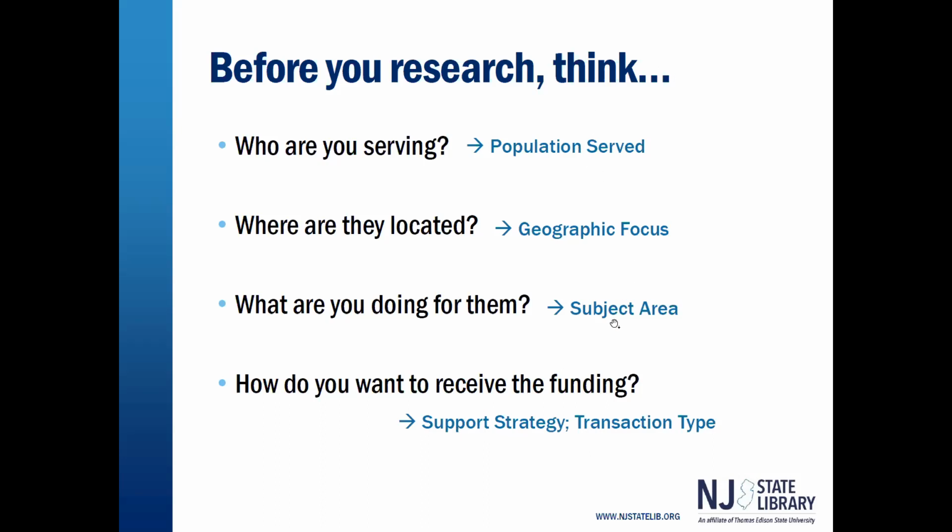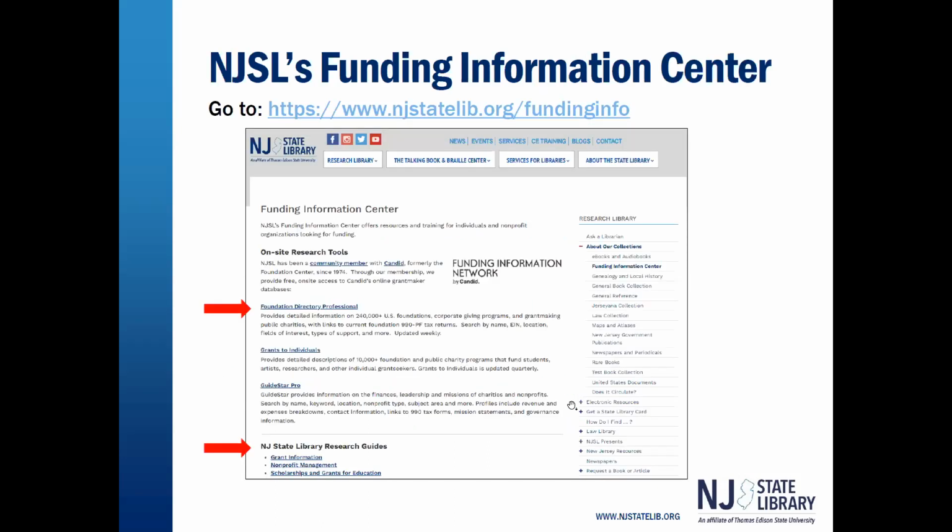So these are all fields that you're going to see when we get into the database. To get to the database, there's a couple different ways, and I'll show you when I change my screen here on our website. But again, I just want to point out our Funding Information Center website, which was linked on that first slide, that has links to all of our databases that are related to grant research, as well as nonprofits that are coming from Candid.